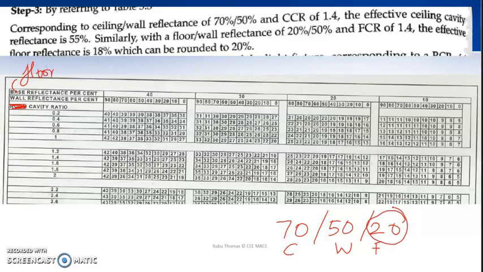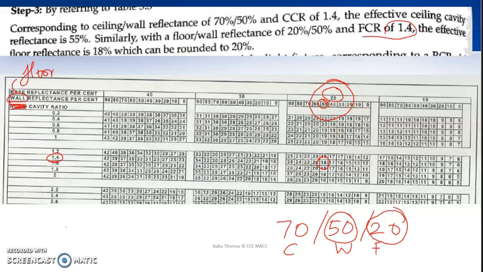So you need to consider the table for the value of 20 here, and then wall reflectance is 50, and then 1.4 is your floor cavity ratio.